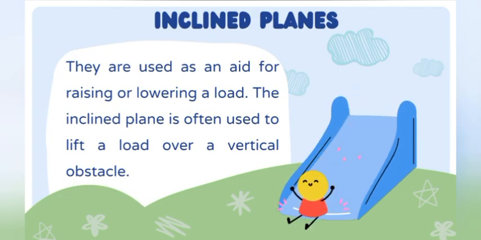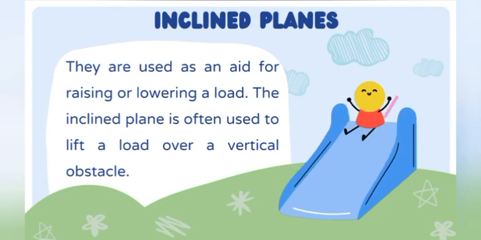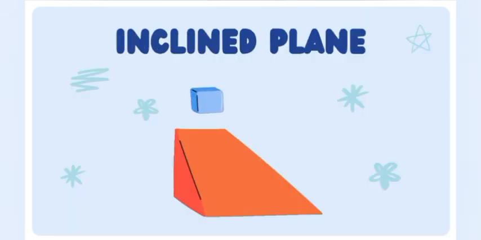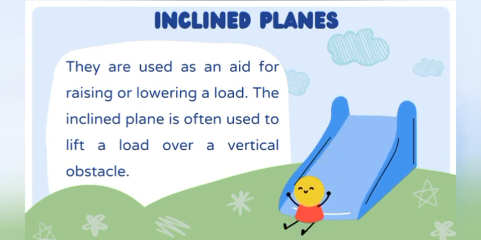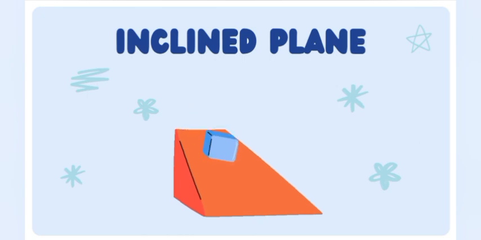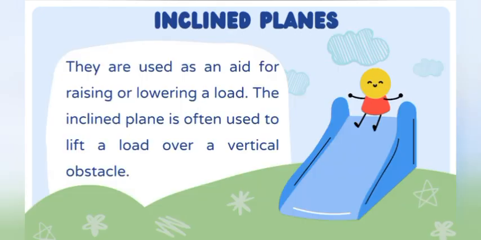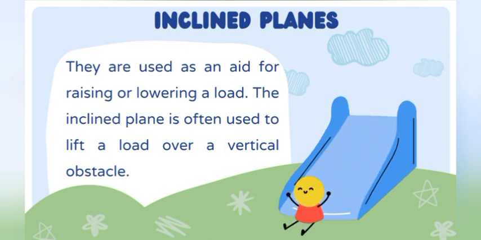Take for instance, you have a drum of water or a drum of alcohol, whatever it is, that is so heavy and you can't just move it yourself. Possibly you want to move it from a car or from a lorry, you want to offload it to the ground or to the floor. What you have to use is an inclined plane.